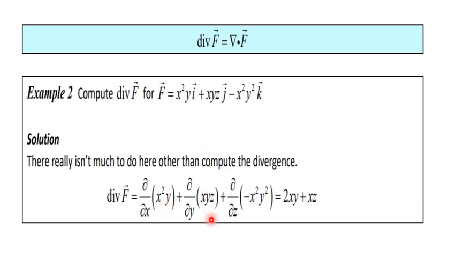Similarly j dot j is 1, so del upon del y of xyz. Similarly k dot k is 1, so del upon del z of minus x square y square. It is equal to 2xy plus xz. We differentiate the first component with respect to x, the second with respect to y, and the third with respect to z, and so we get this. In this way we calculate the divergence.